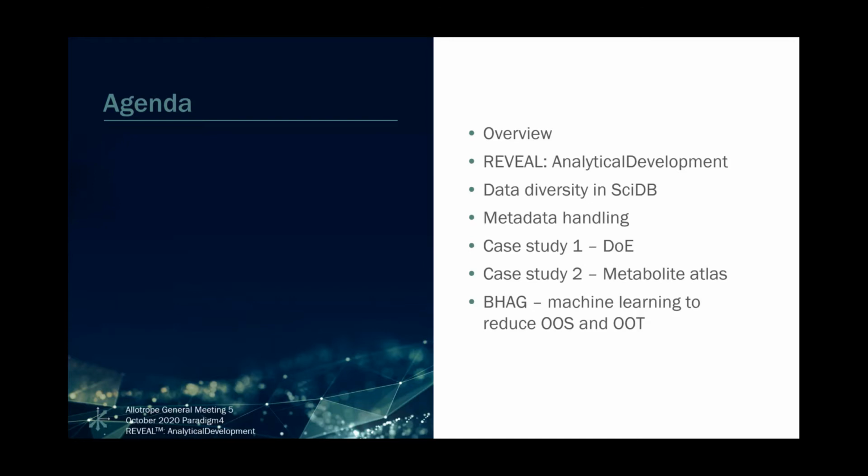Case study 2 is on Metabolite Atlas, to call out the value of having large reference data sets available for easy comparisons, especially with mass spec, when you're trying to identify unknown peaks. And then the big, hairy, audacious goal, which is to reduce OOS and OOT in analytical development.